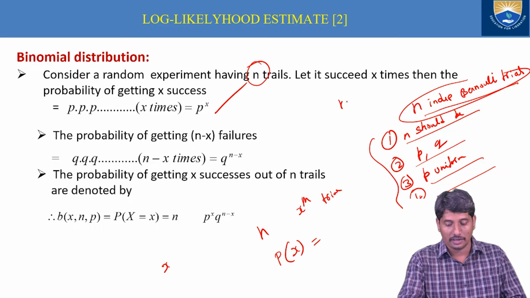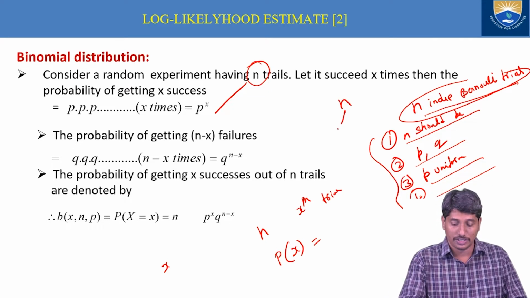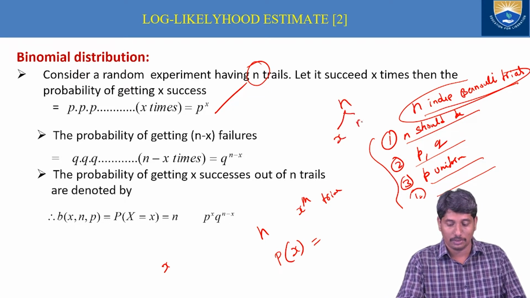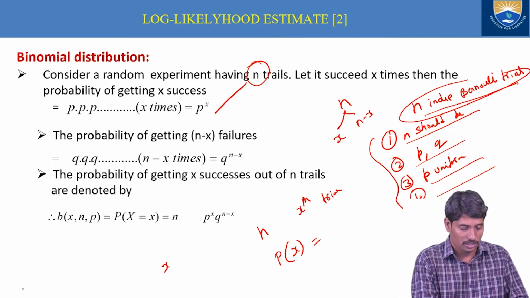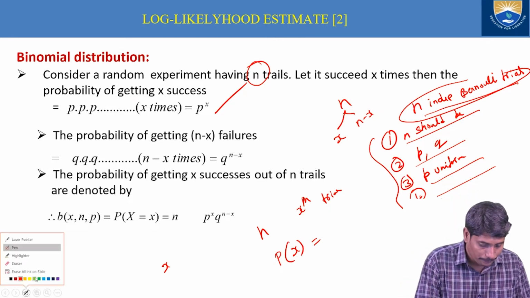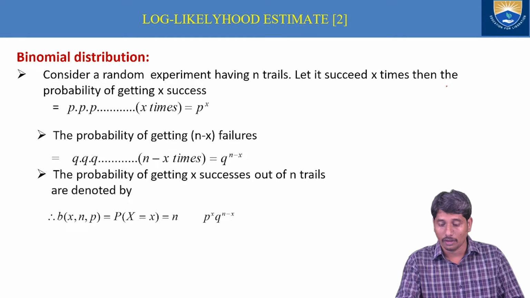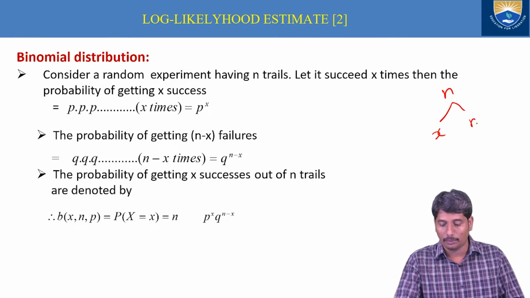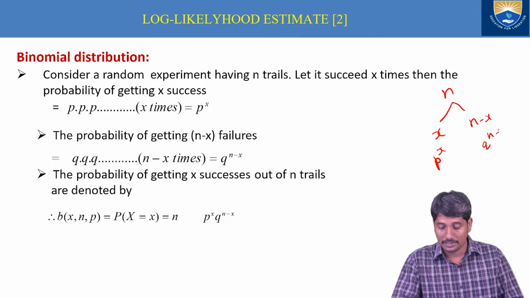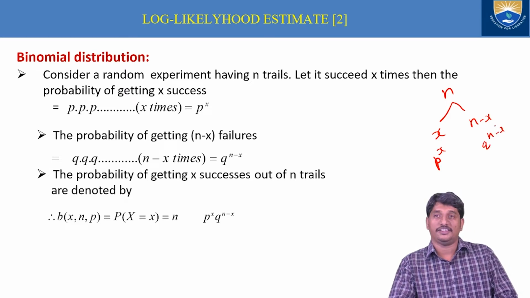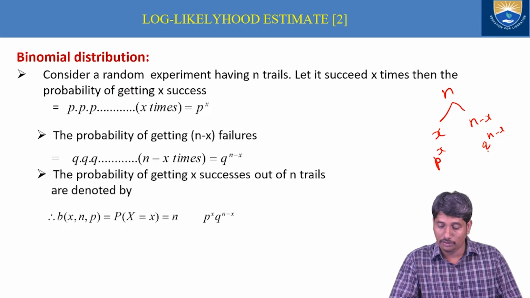Suppose there are n trials I am attempting, out of which x times I am successful and n minus x times I fail. Let me write more clearly. Out of n trials, x times I am successful and n minus x times I fail, then success would be p power x and the failure is q power n minus x, because in the remaining n minus x trials I have failed, so the failure rate is q for each trial.